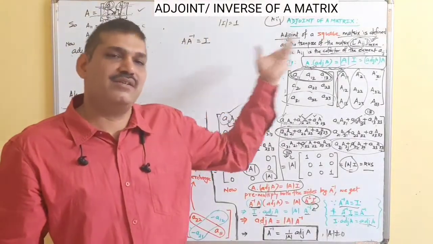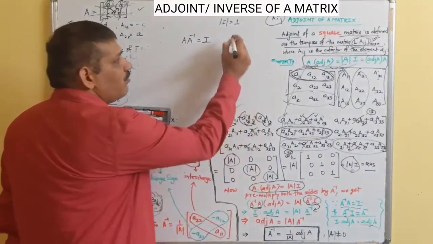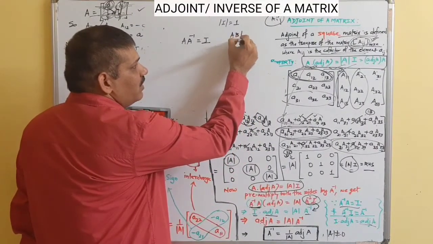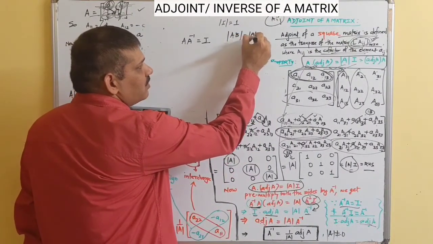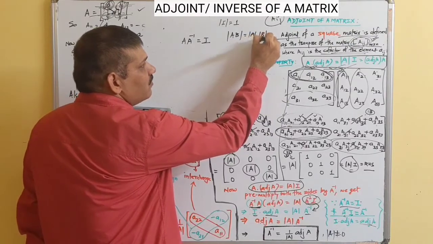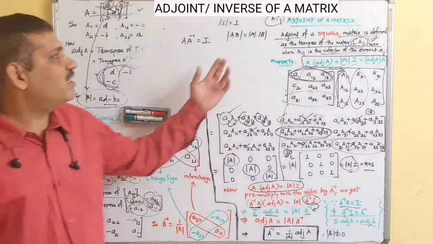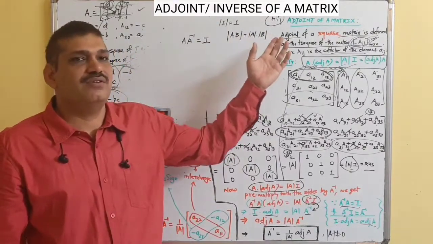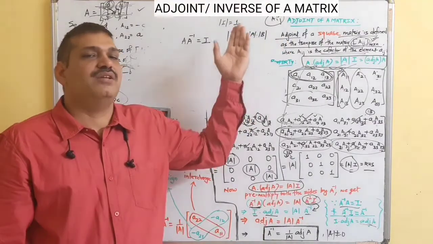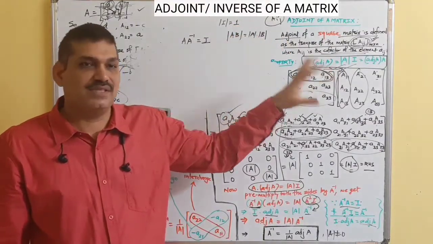One more important thing: determinant of A into B is equal to determinant of A into determinant of B. It can be generalized: determinant of A into B into C is equal to determinant of A into determinant of B into determinant of C, likewise.